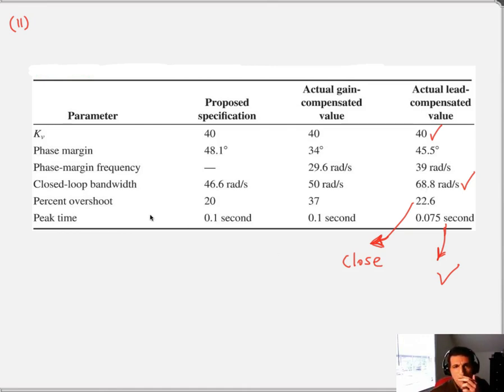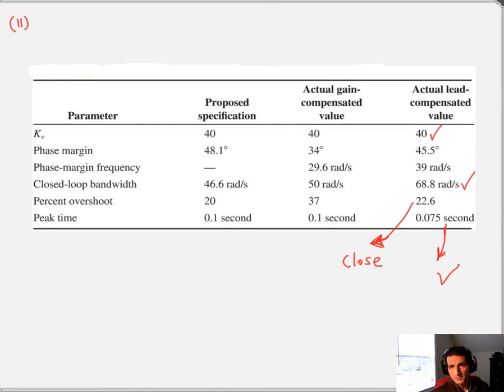The percentage of overshoot that was desired was 20, but we got 22.6%, which is kind of close. The desired peak time was 0.1 second, but we got 0.075 second, which of course is the result of having a larger closed loop bandwidth than what we actually wanted.